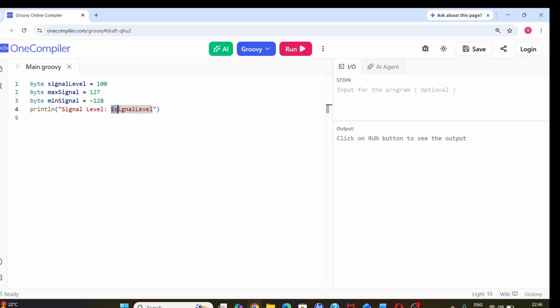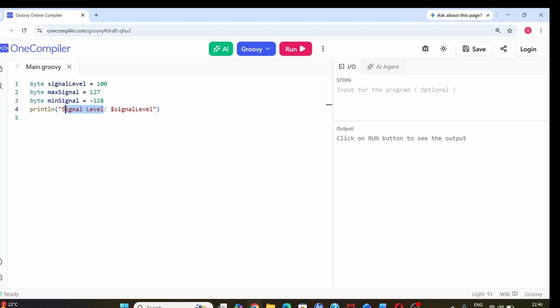is called string interpolation. It means the actual value stored in the variable signal level will be inserted into the string.